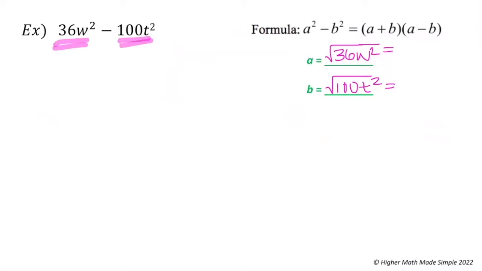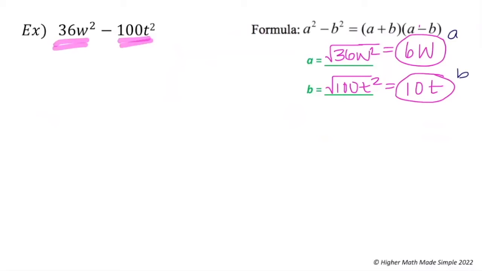So 6w times 6w gives me 36w squared. So that's A. And 10t times 10t itself gives me 100t squared. So that's correct. So that's our A and that's our B.